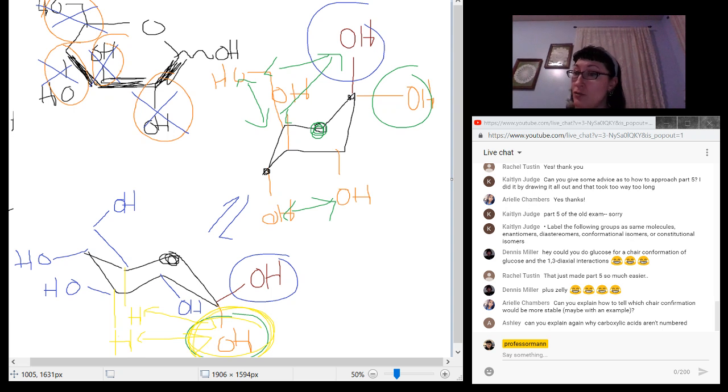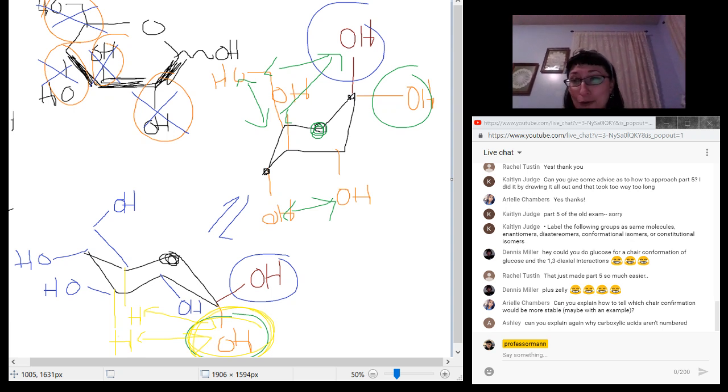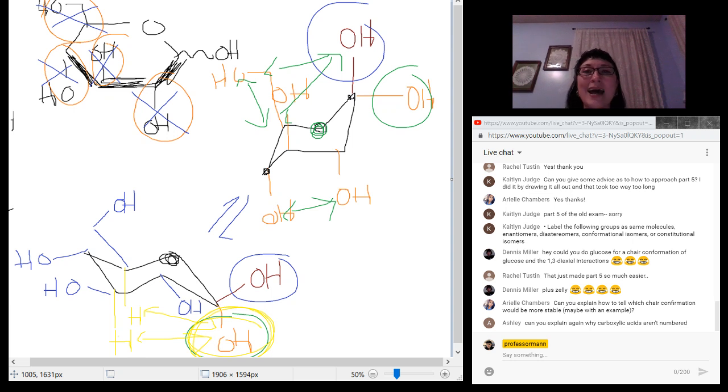Ariel, I actually just gave you that exact example, believe it or not, with glucose. So just whichever has fewer 1,3-diaxial interactions. In your book, there's actually a table that has actual kilojoule energy values to talk about how much energy you add to the system by having certain 1,3-diaxial interactions.